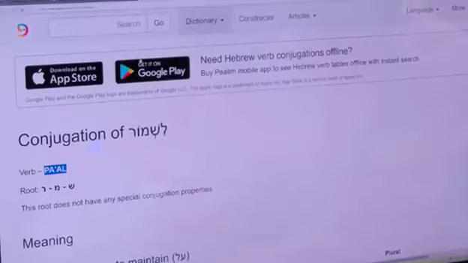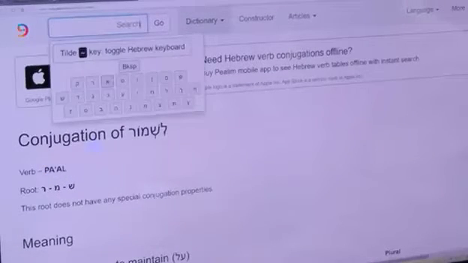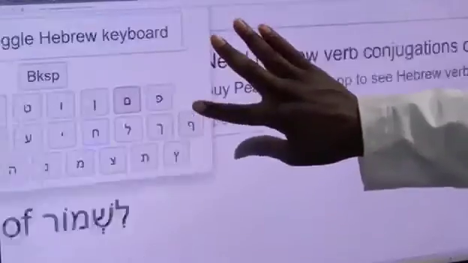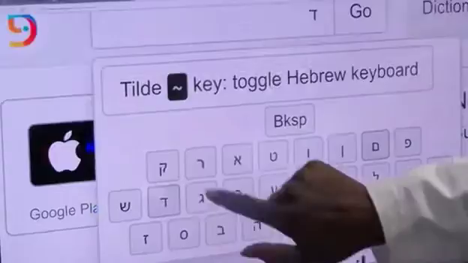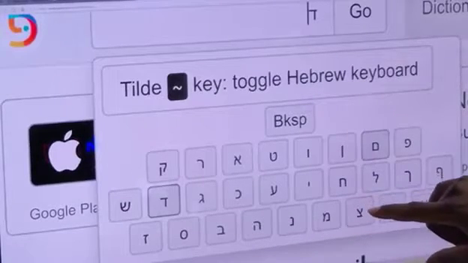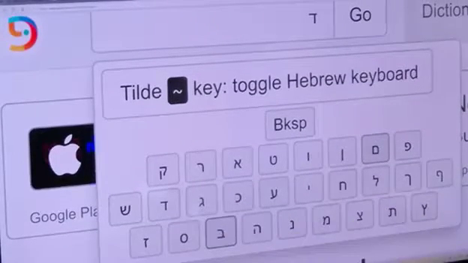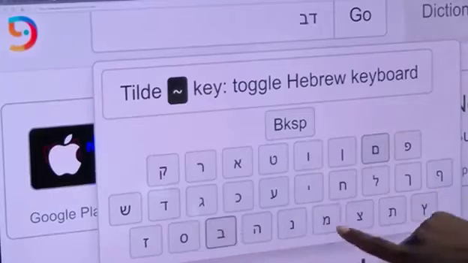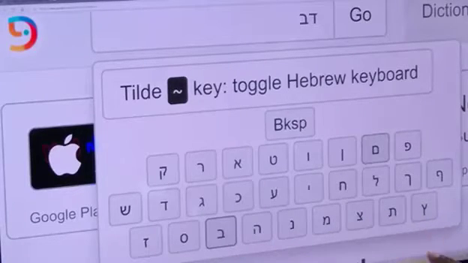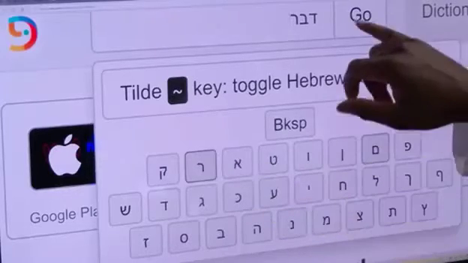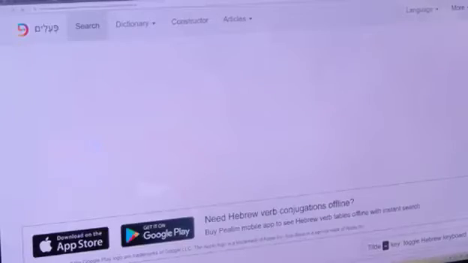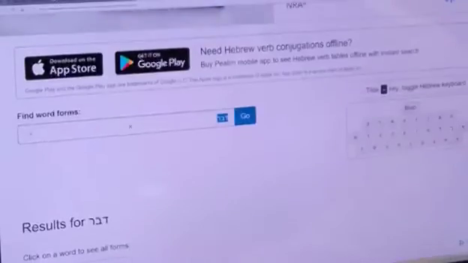Okay, so let's look up. We're going to use the keyboard, and we're going to look up dabar. So we're going to take the dalet, bet, and resh, or da, ba, and ra.